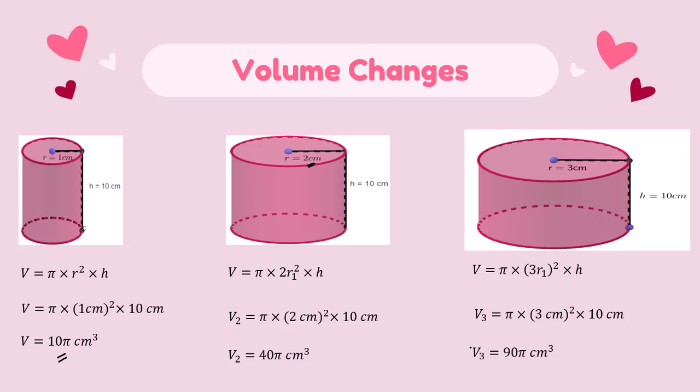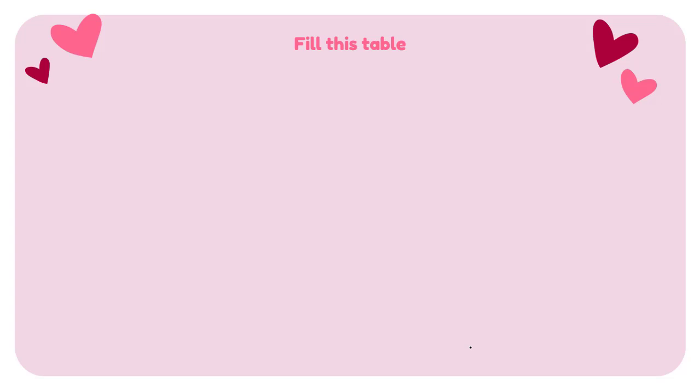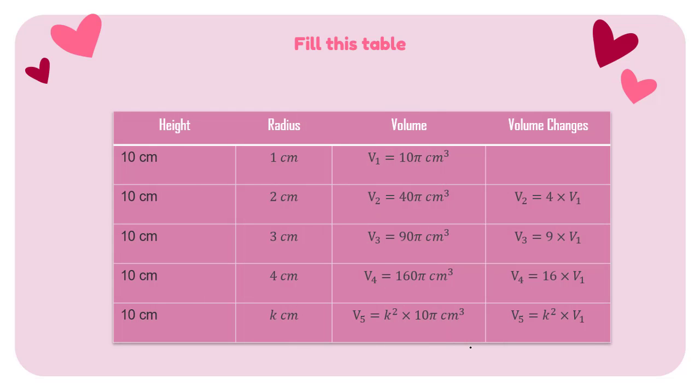So to find the pattern of the volume, I will show you a table. So look at this table. As you know, if we change the radius, of course, the volume will be changed, right? So we just leave the height 10 cm and we just try to change the radius. So if I have a radius 1 cm, the volume will be 10 pi centimeter cubed, right?